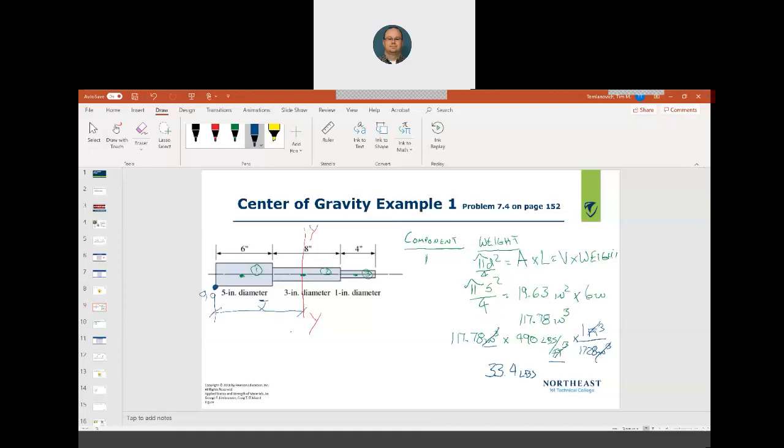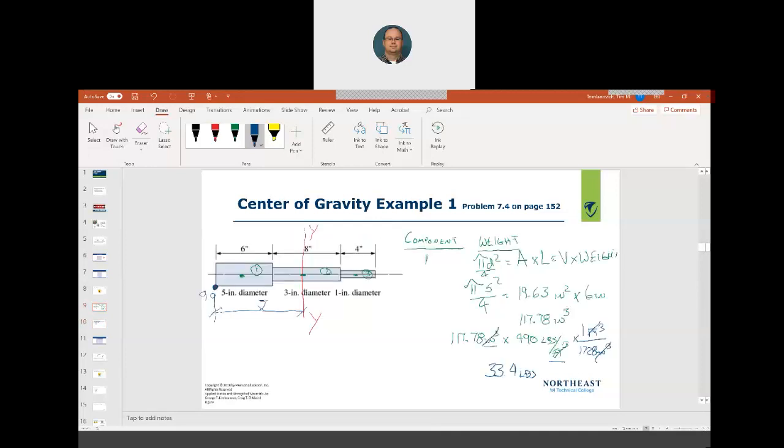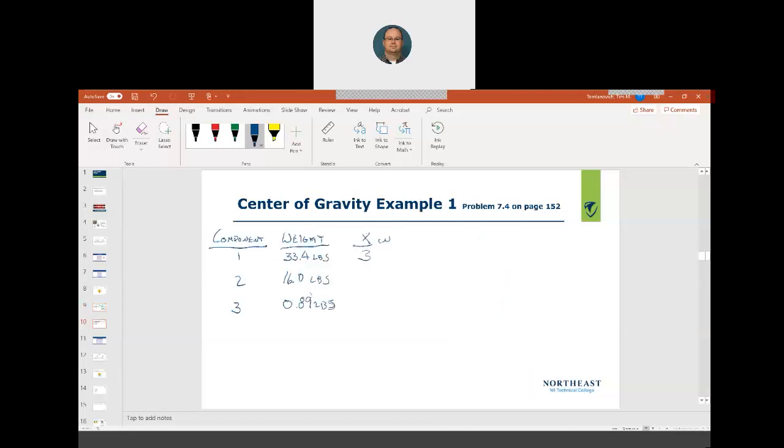So if I go like that, I get 3 inches. Would you agree? From here to here is 3 inches. Okay, 3. Component 2 is from here. Remember, don't go from here to here. You've got to go all the way back from here. So we go 6 plus 4, which is 10.